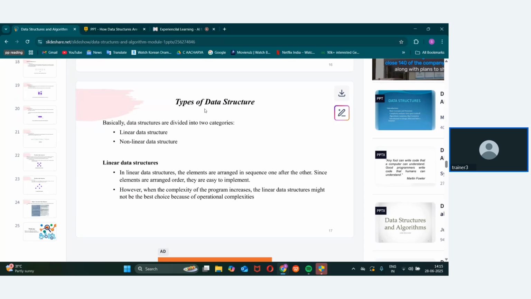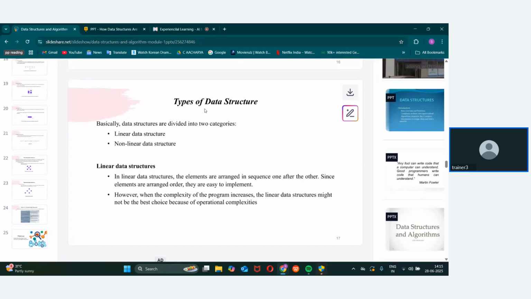Coming to types of data structures, we have several types. Primarily, they are divided into two types: linear data structures and non-linear data structures. What is a linear data structure?